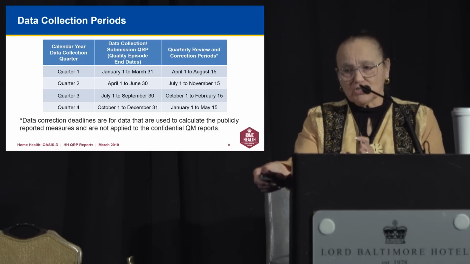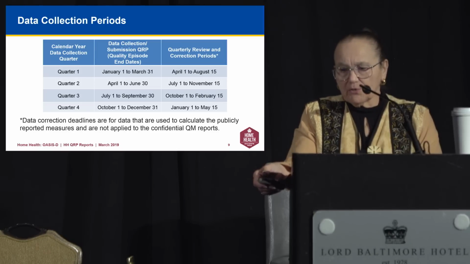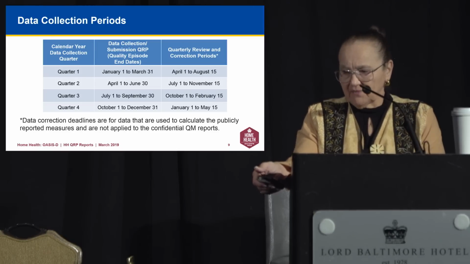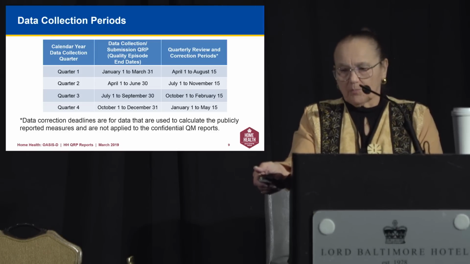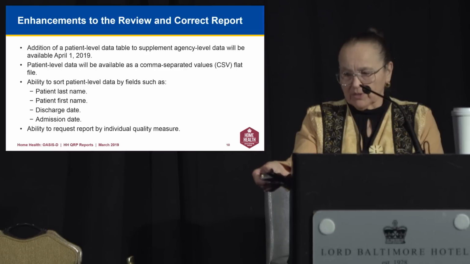This graph is showing you those time periods and the deadlines so that you will know when they're there and you'll be able to meet those deadlines. The data correction deadlines are for data that are used to calculate the publicly reported measures, and they're not applied to confidential QM reports.